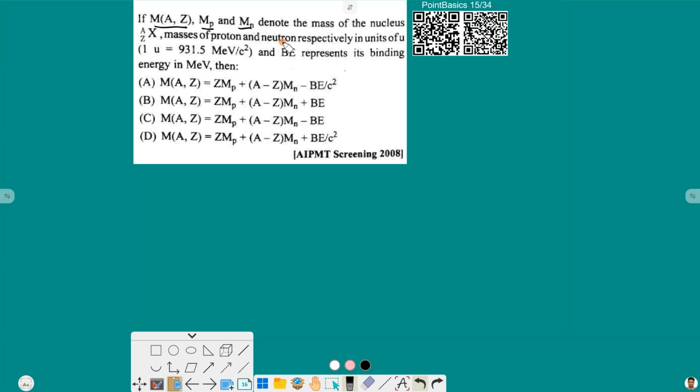That binding energy will be the total number of protons, Z times the mass of one proton, plus the total number of neutrons, (A minus Z) times the mass of neutron, minus the given mass of that atom, into C square. This is the basic formula for binding energy.